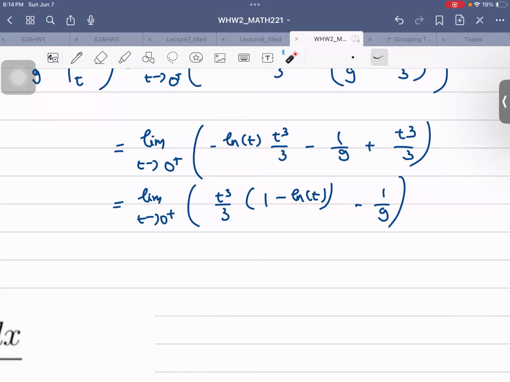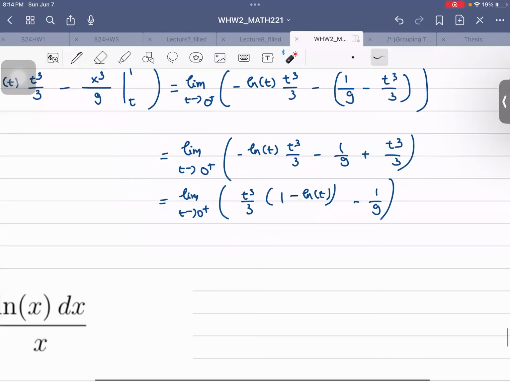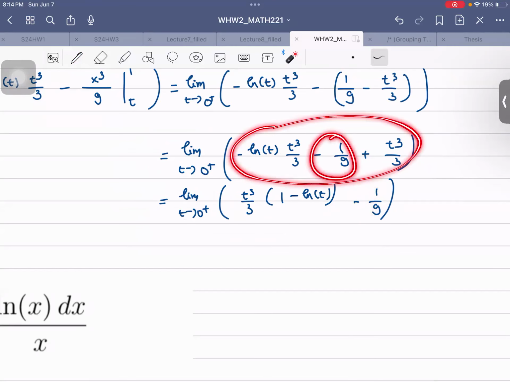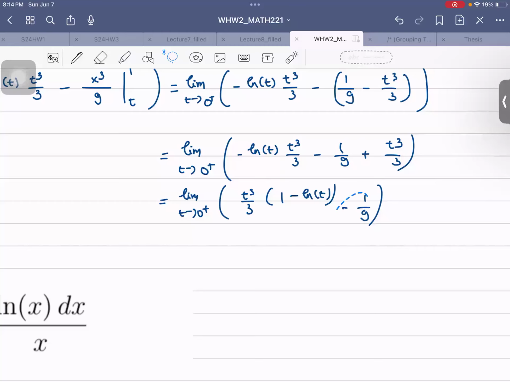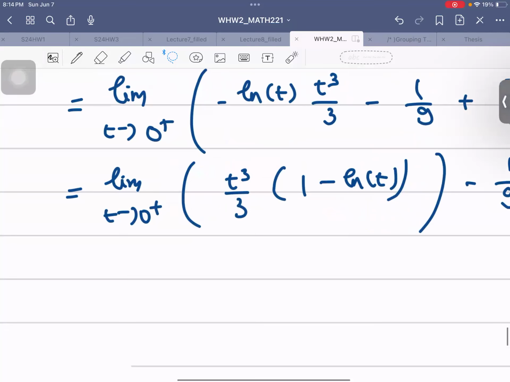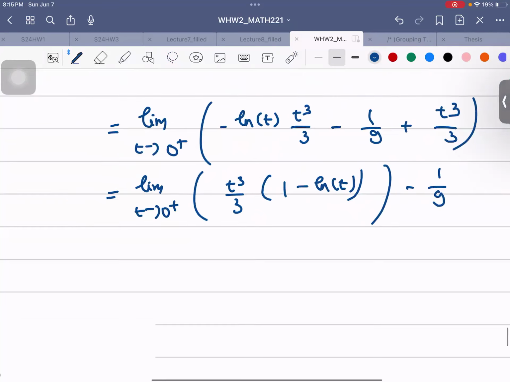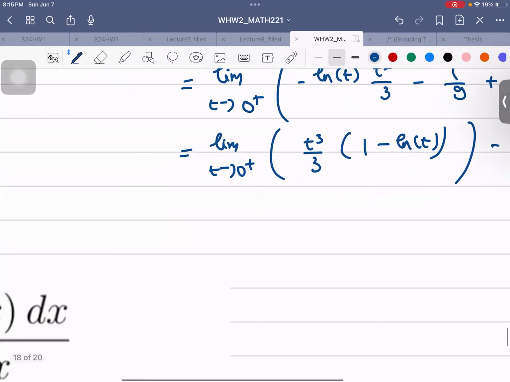This limit is in terms of t, so you can take out the 1 over 9, so I would take negative 1 over 9 outside. For this one, you're going to use L'Hopital's rule because you have infinity times 0, which is indeterminate. So we use L'Hopital's rule.